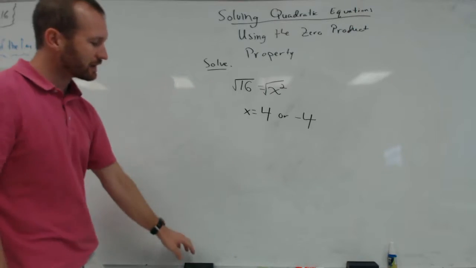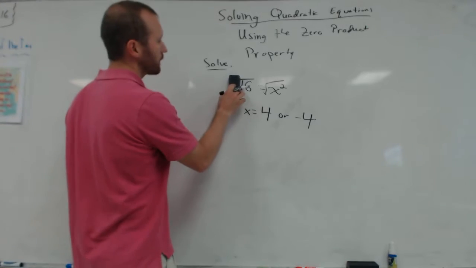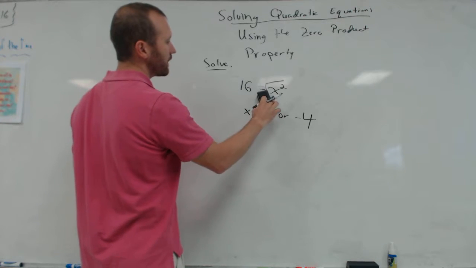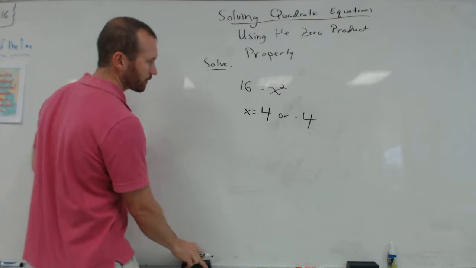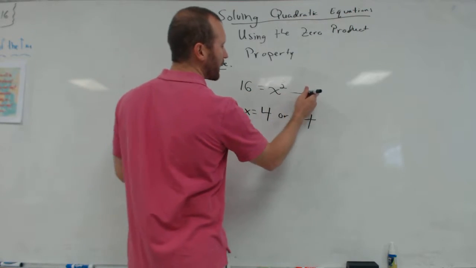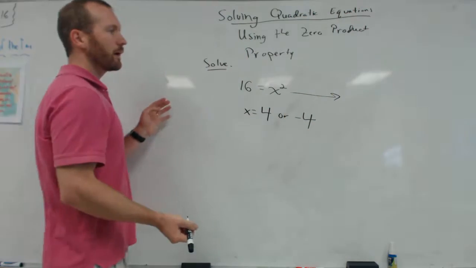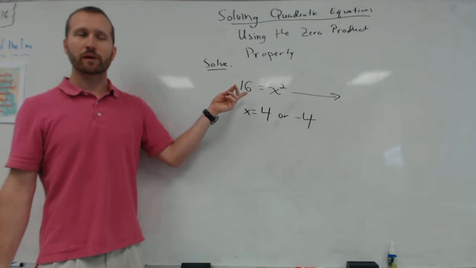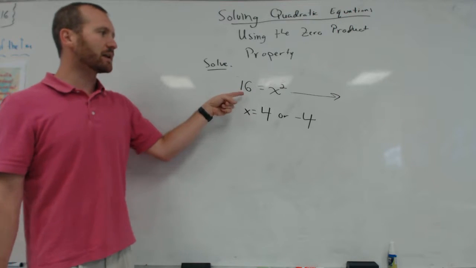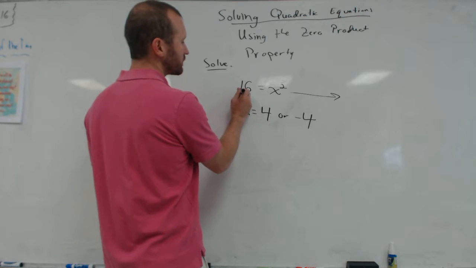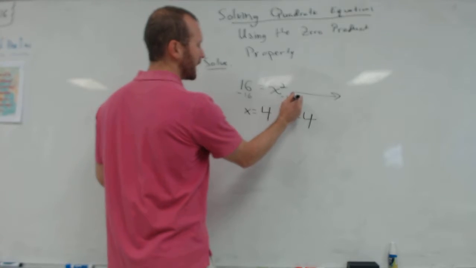Now, let's think about this. If I were to solve this in a different way, right? Another way of approaching this problem would be, I'm going to use the zero product property. But right now it's not equal to 0, so I need to subtract 16 from both sides.